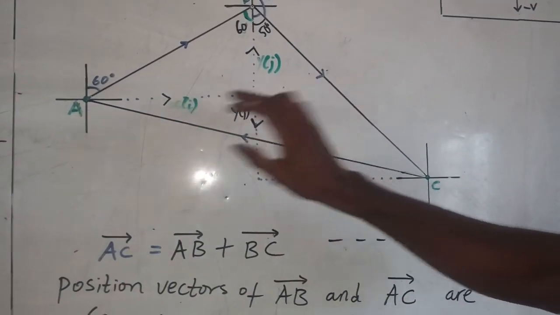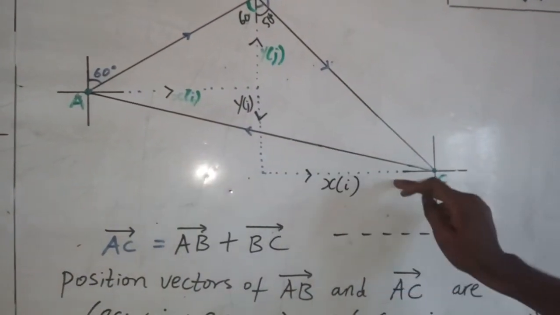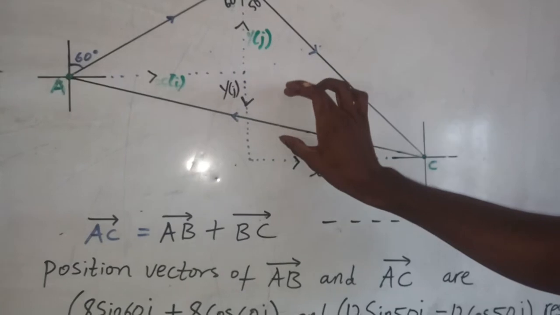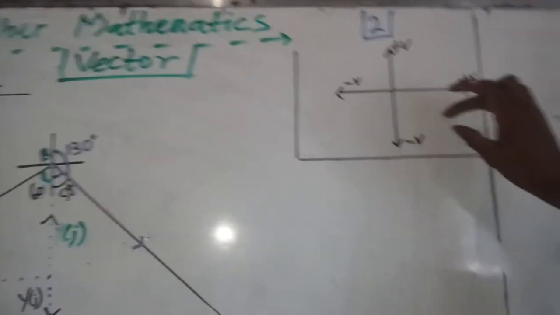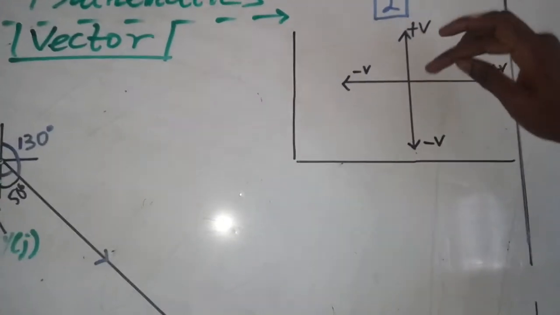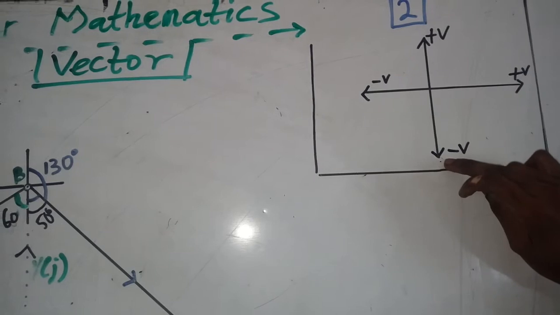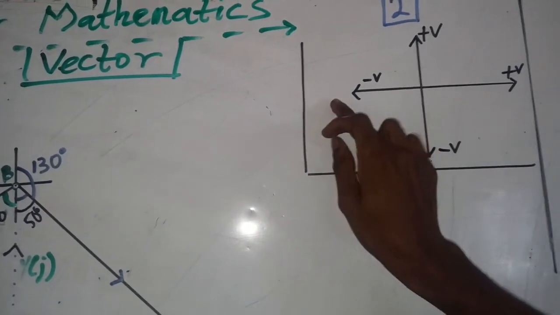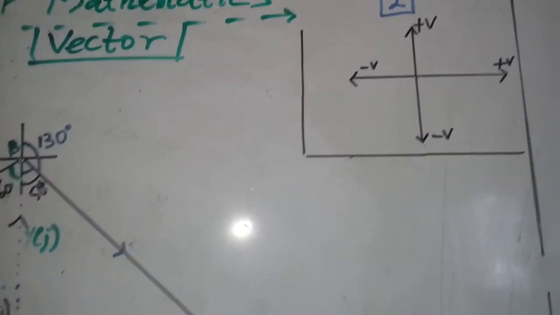This is positive, this is negative, and this is positive. Now, if you want to know how I got this sign convention, you take a look at this diagram. This direction is positive for the y-axis, negative for the y-axis, and this is negative for the x-axis. Sorry, positive for the x-axis.